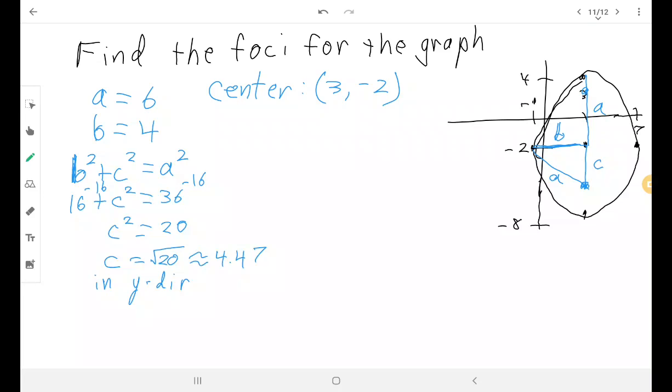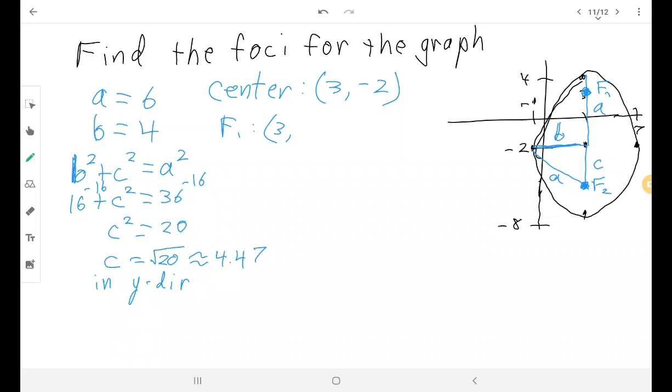So let's label these focus points. Let's call this focus point 1. Let's call this one focus point 2. And then I can do things pretty clearly. Okay? So focus point 1. The x value is not going to change.